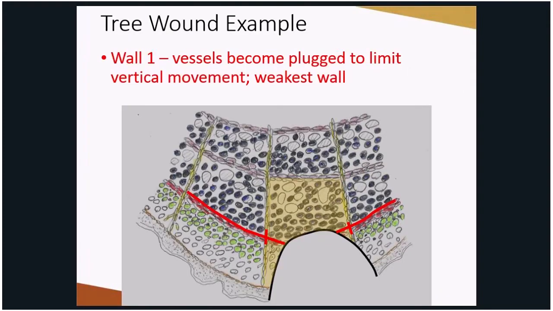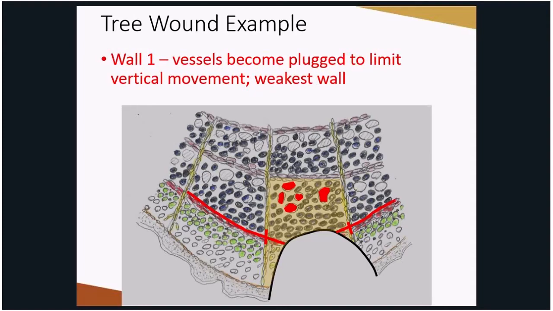So right after this wound has happened, again we have some additional growth on the cambium, but we also have wall 1 beginning to develop right away in that compartment, and these red cells right here are vessel cells that are being plugged. Remember, that's going up and down the tree. We're looking downward on the tree, so this cell goes up and down from the view that we're seeing, and it's already started to plug itself. But that's actually the weakest wall.